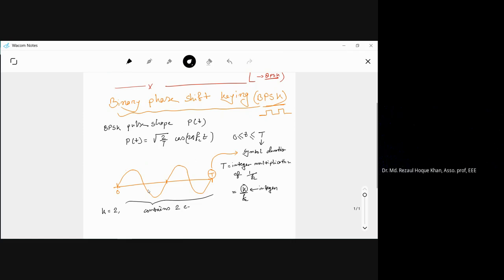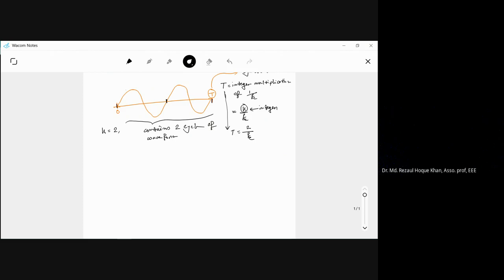From here to here is 1 cycle, and from here to here is another cycle. So it contains 2 cycles of the waveform. So T can be written as T equals 2 by Fc for this case. Remember, T is the symbol duration.